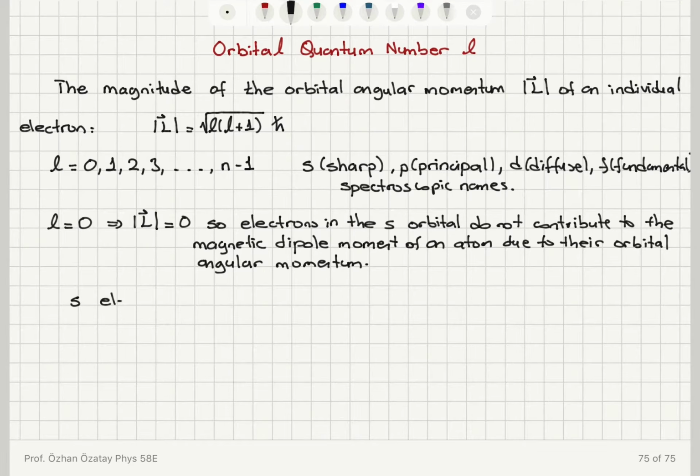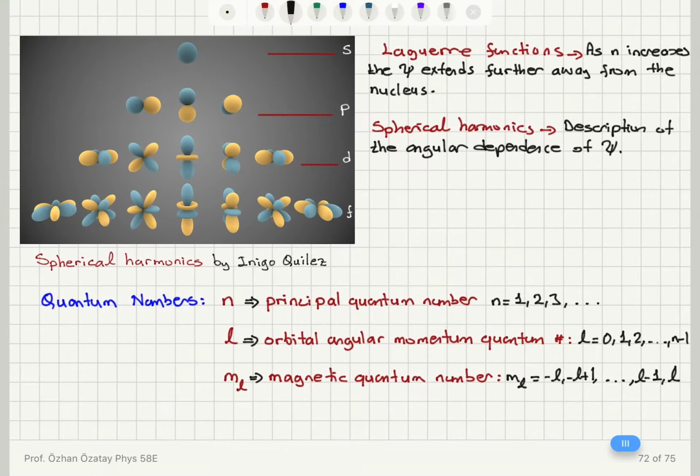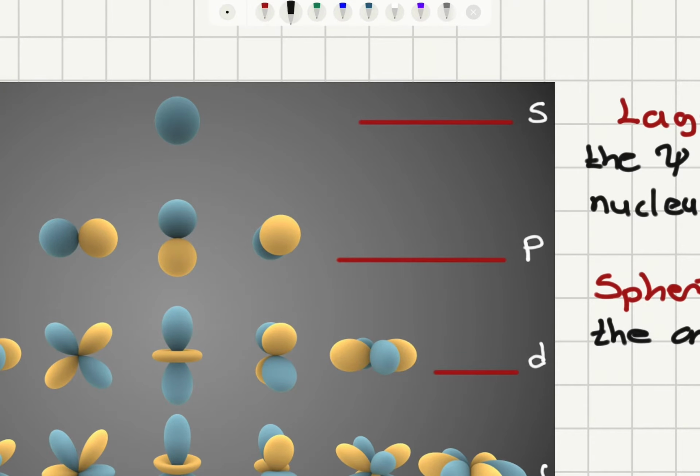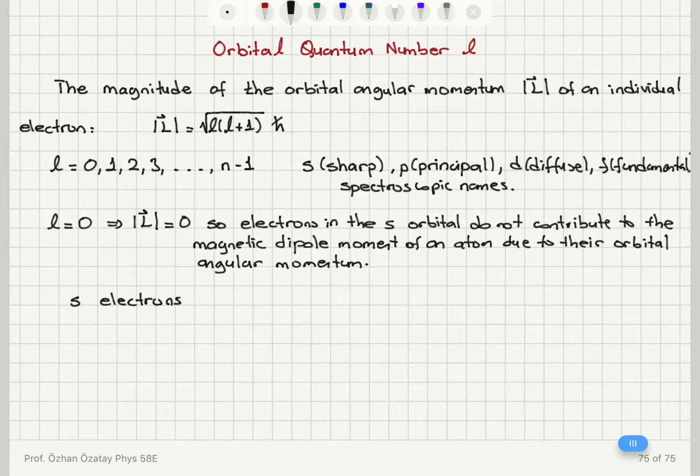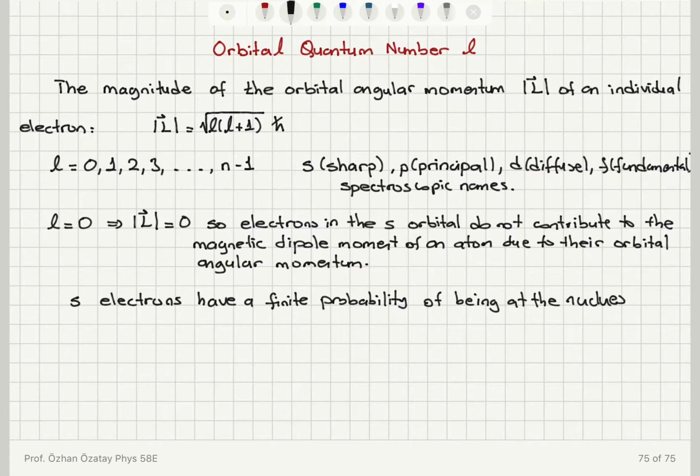S electrons, if you remember the spherical harmonics for s electrons, have a spherical shape. They have a finite probability of being at the nucleus, so L is equal to 0.